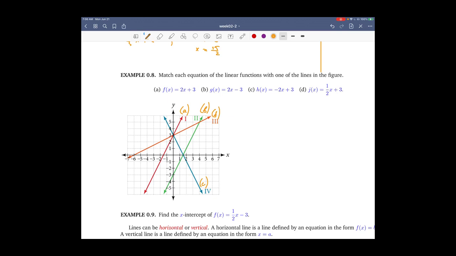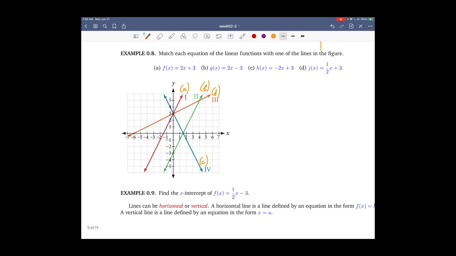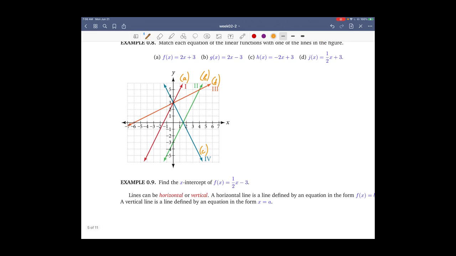In example 9, we have to find the x-intercept of the graph 1/2 x minus 3.